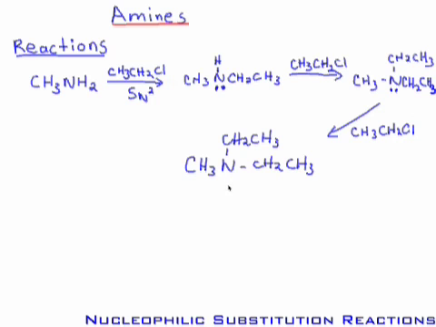And we get this triethyl methyl ammonium cation. And since the alkyl halide was a chloride, we'd have chloride as the counter ion. Synthetically, not very useful because you get such a mixture of products.